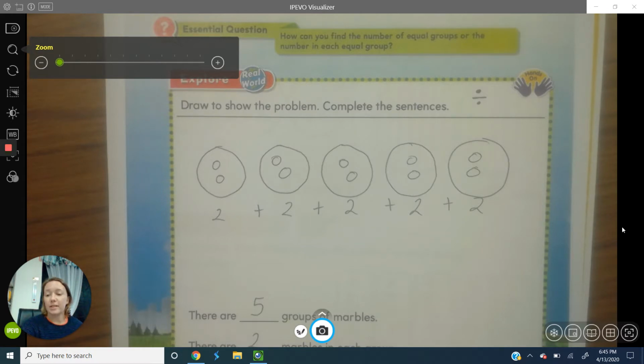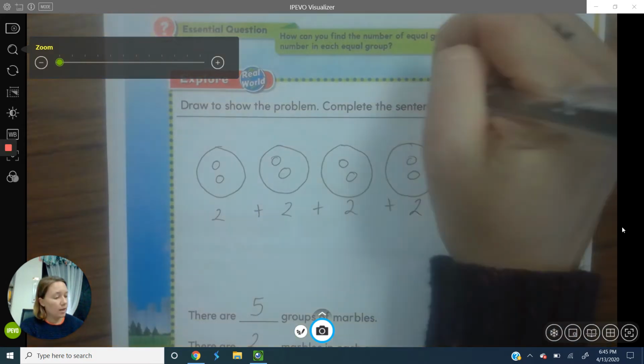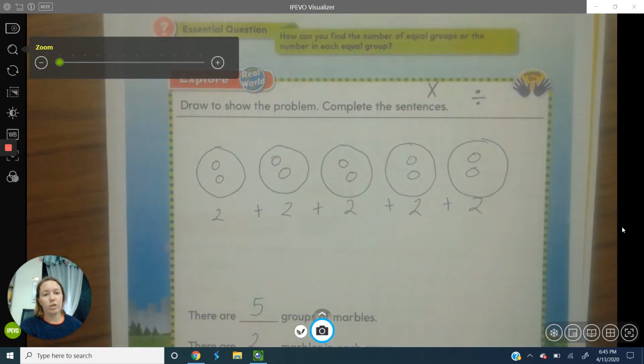We repeated addition with groups and moved into multiplication, and we don't go into that as heavily until third grade. So this week we're starting to go into division. We're also talking about having a total and how to break that up into equal groups.